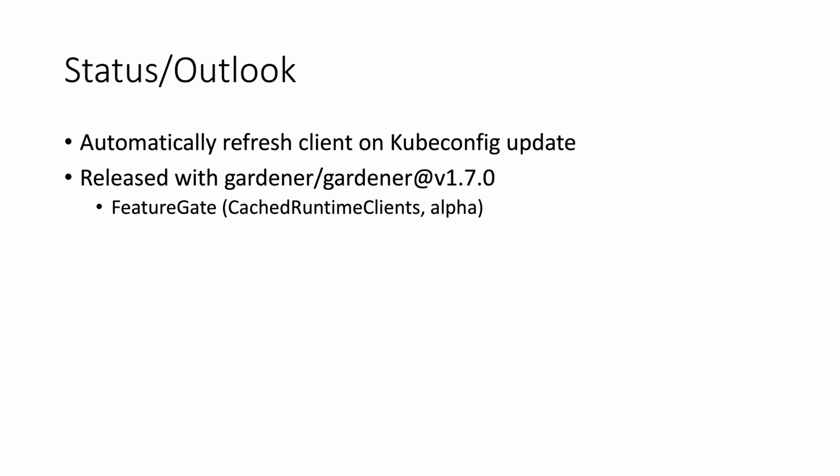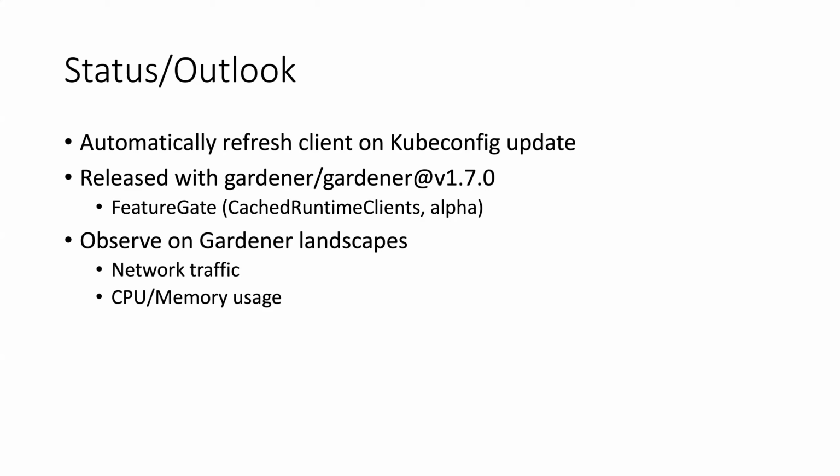And if we have released this version, we can basically observe it on our Gardener landscapes to see if we can really reduce network traffic with this effort. And also we have to watch out for CPU and memory usage.